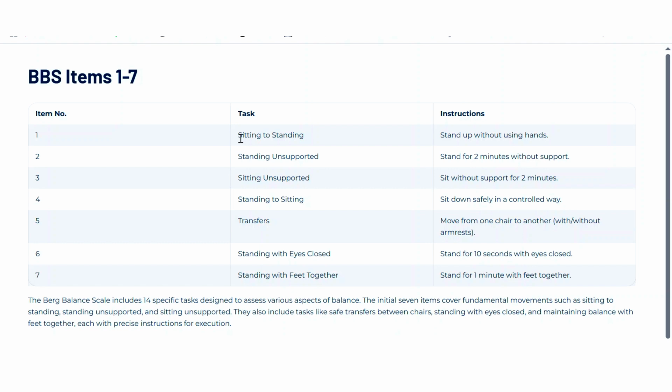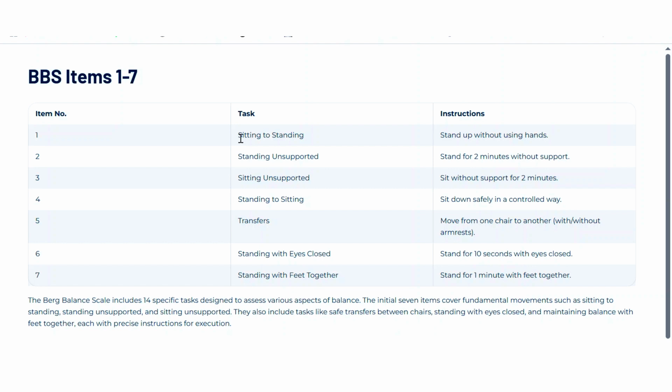Now, sitting unsupported: you have to instruct the patient to sit without any support. That means you don't touch your back to the chair, and you sit without any support for 2 minutes, without putting your hands on the side or getting support any other way. Just sit without any support for 2 minutes.